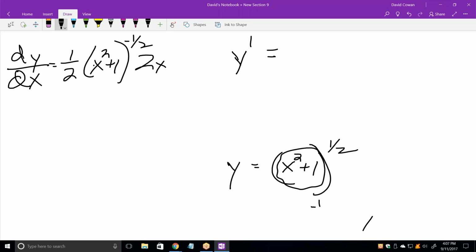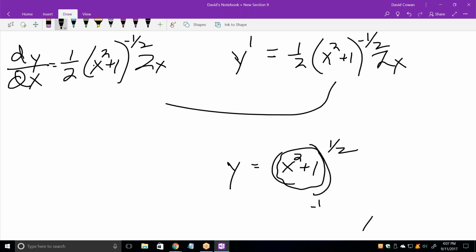Would it just be 1/2 (x squared plus 1) to the negative 1/2 power? That's the derivative of the outside. Now what's the derivative of the inside? 2x. Same exact thing, only I didn't really have to use u substitution. The only reason they show you that u substitution is because it's the rationale behind the rule, the derivative of the outside times the derivative of the inside.